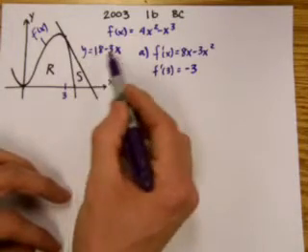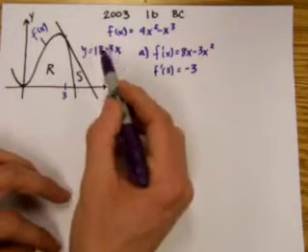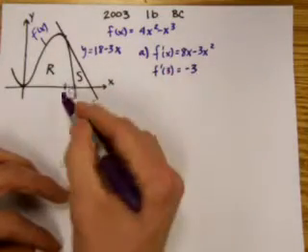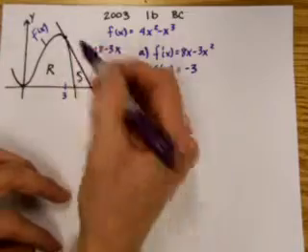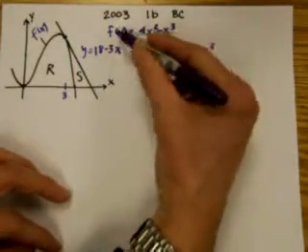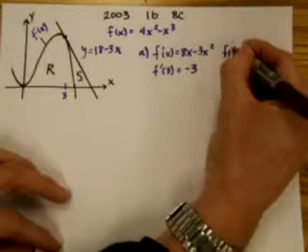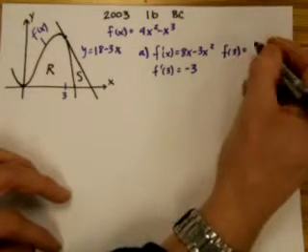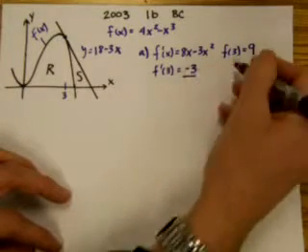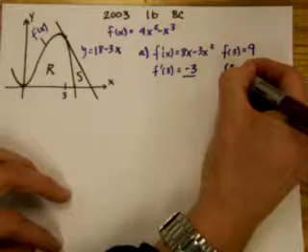Now we need to show that this is in fact the equation of that line there. And so I need to find the actual point where they meet. And so 3 plugged into f of x is 9. So I have a slope of -3 and a point (3, 9).